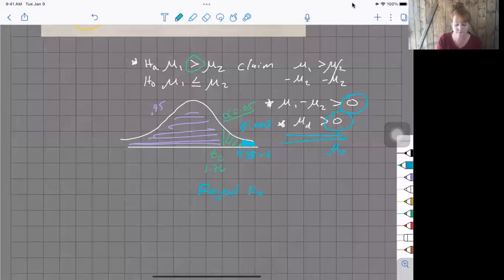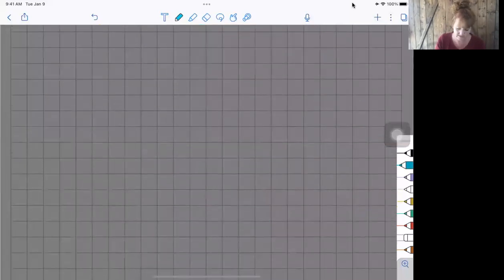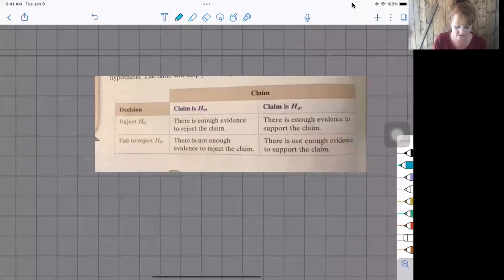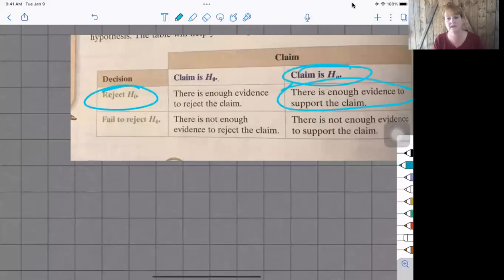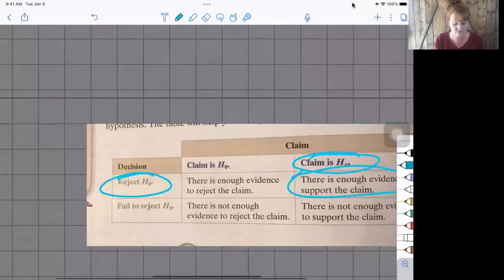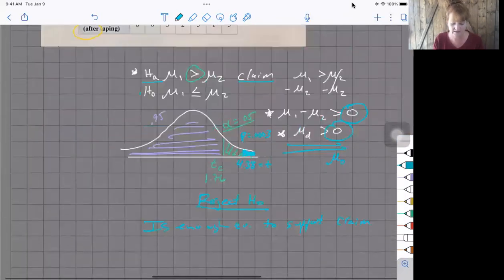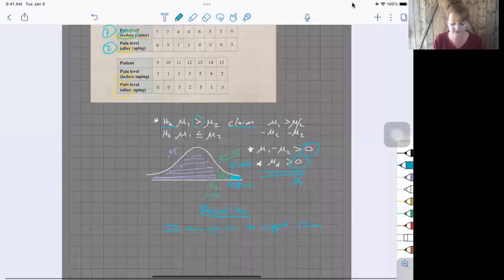Okay, so if my claim is HA and I reject the opposite, that means there is enough evidence to support the claim. And if you look down here, here's my reject H naught, my claim is HA. There is enough evidence to support the claim. If you want to use the chart for that, that's great. And that's all you've got for these problems.